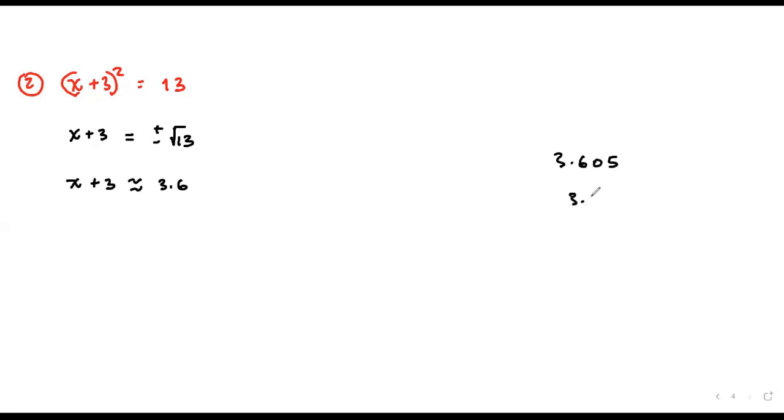So we have 3.61. You understand that? Yes. Okay, but remember, it is positive and negative. So we say plus or minus 3.61. Very good.